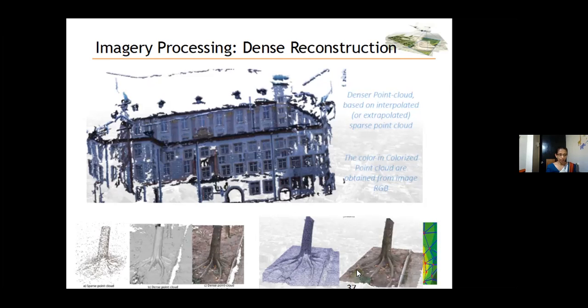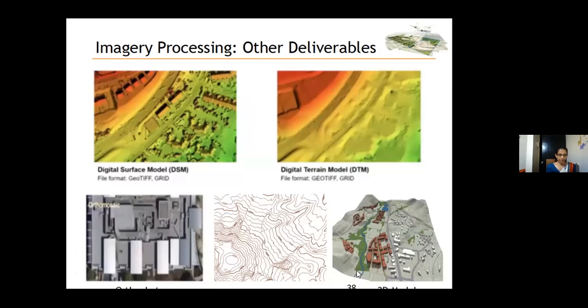The next step is the generation of other deliverables using this dense point cloud. Once a dense point cloud is generated, it is triangulated to create a digital surface model. If you are interested in a DTM, the digital terrain model, you can generate this easily from the dense point cloud.